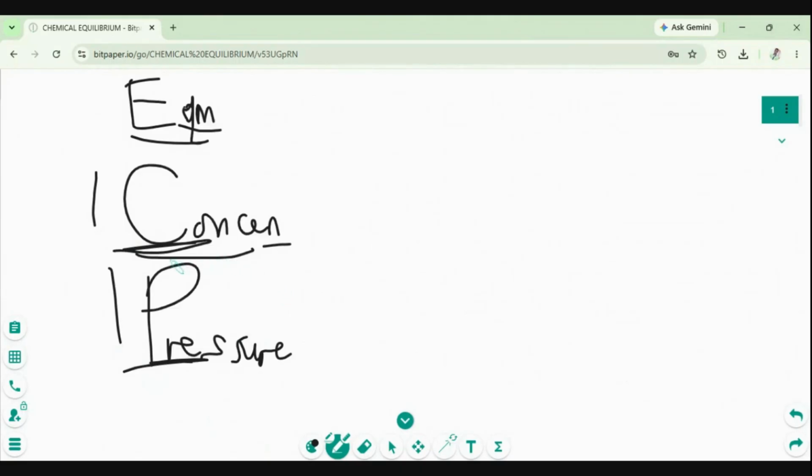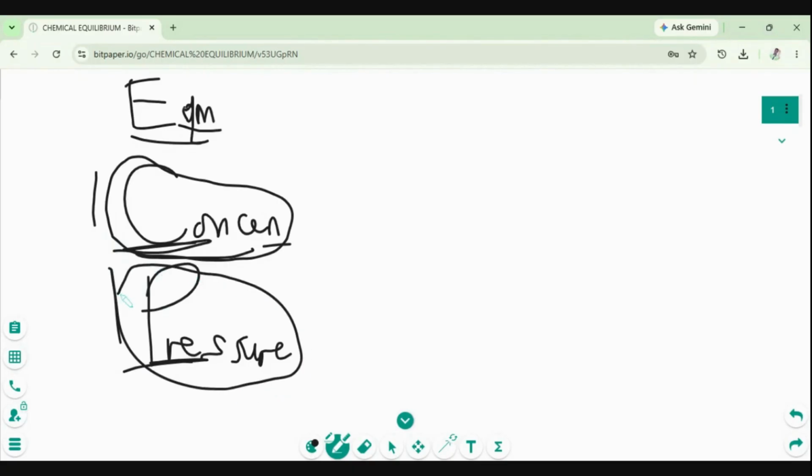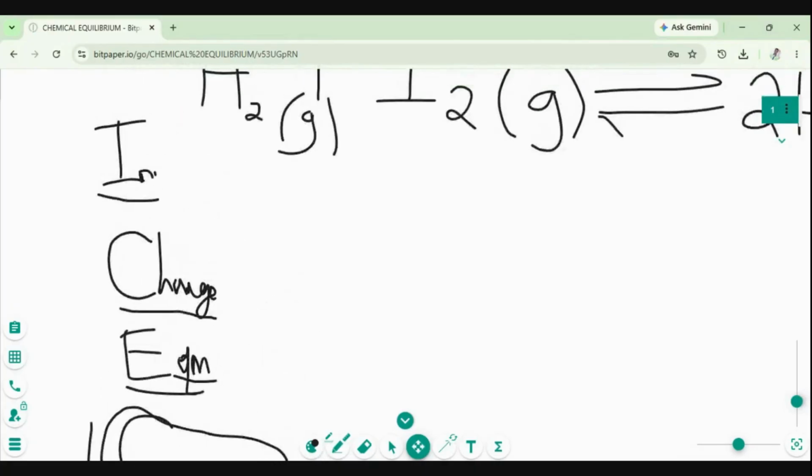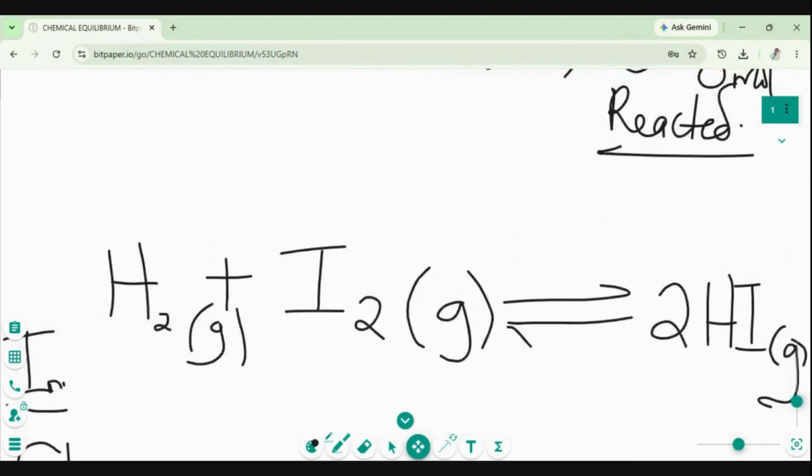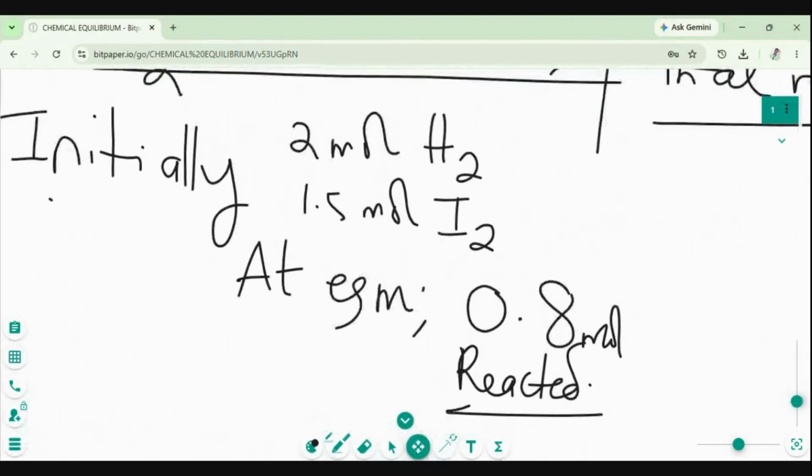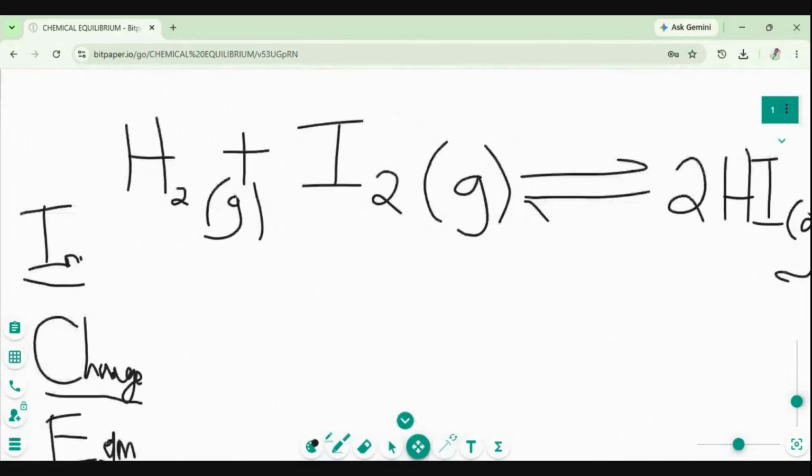If the question asks for the Kc expression, you need concentration because Kc is the concentration equilibrium constant. If it asks for Kp, you need pressure. So here they are telling us that initially we had 2 of hydrogen and 1.5 of iodine.